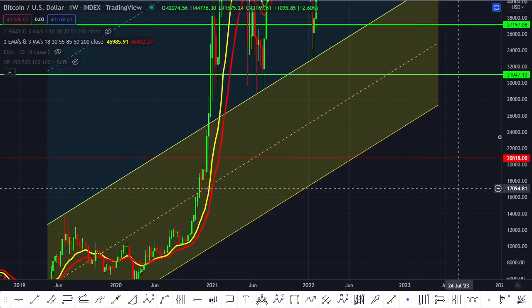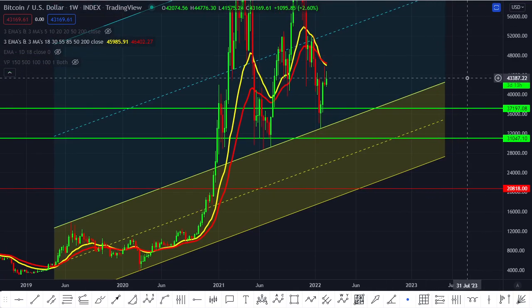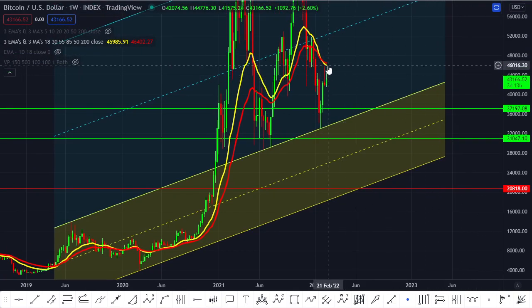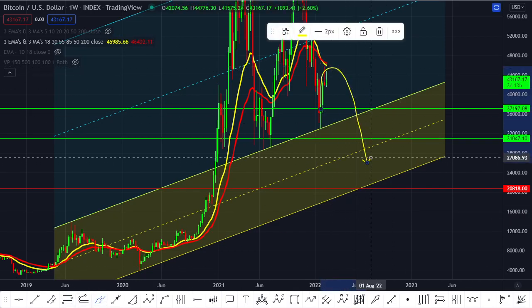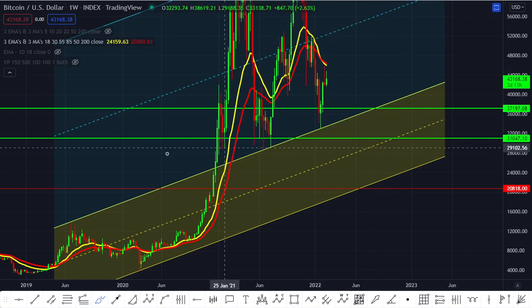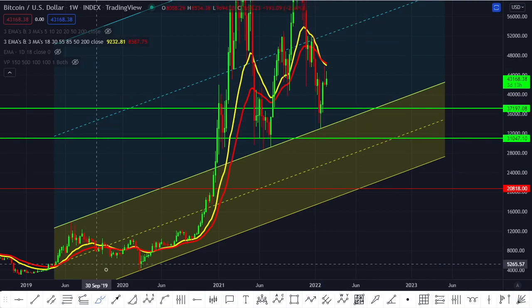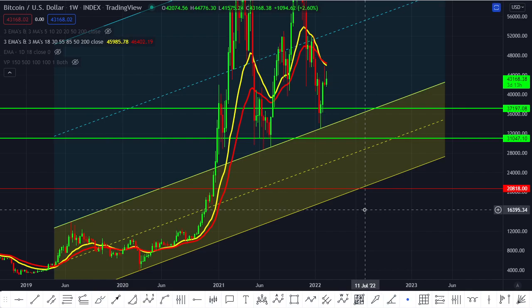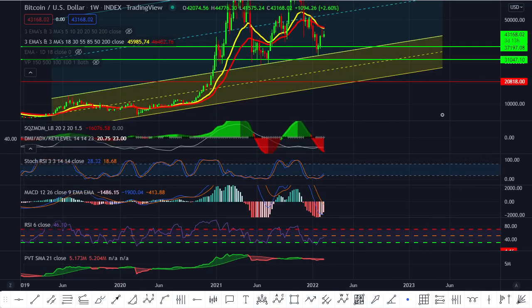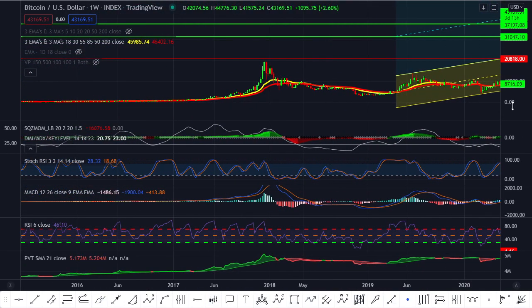Now, what's happening right now for Bitcoin is something very similar. You are getting rejected from the EMAs, which is very, very bad. So this could happen if you want to base your analysis on history. But the difference between 2017 and 2022 is the indicators themselves.